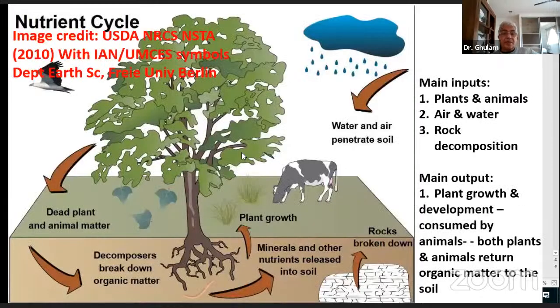Again, if you look at it in a slightly different way, from a diagram which I have taken from another publication, the Free University of Berlin. And here it emphasizes again that the rocks below the soil, that means the parent material probably, are also slowly weathering and releasing nutrients.